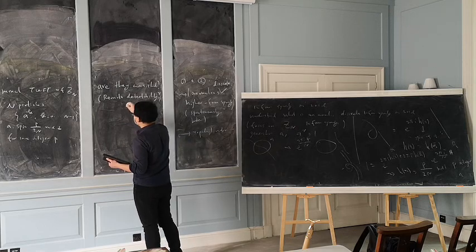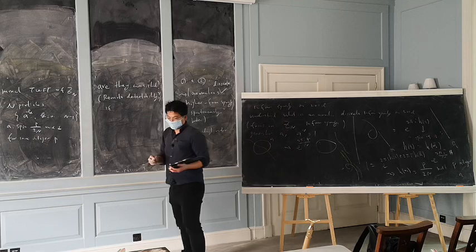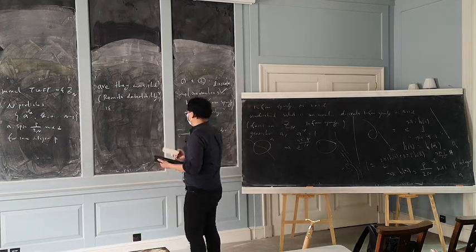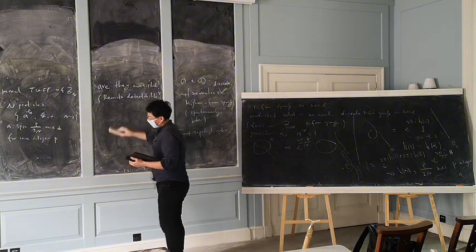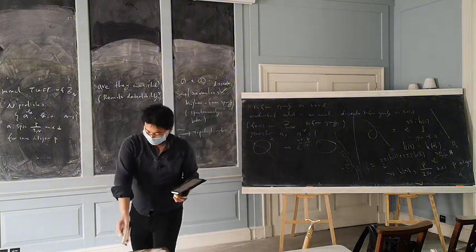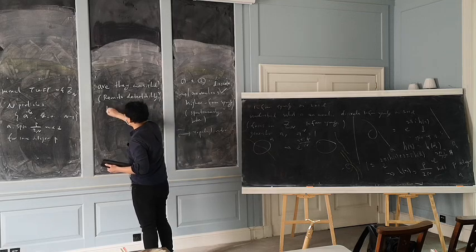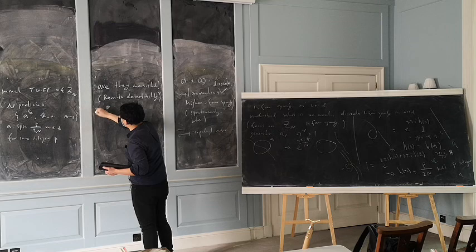The reason is this. Let me first write down the condition. It turns out that p and n have to be coprime, so GCD of p and n has to be 1.